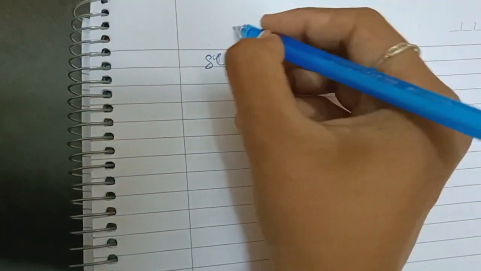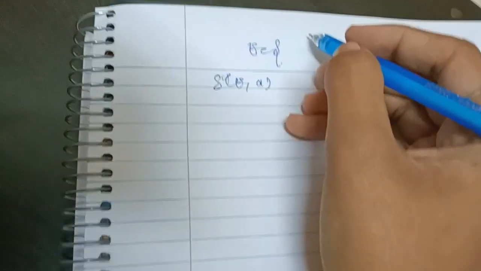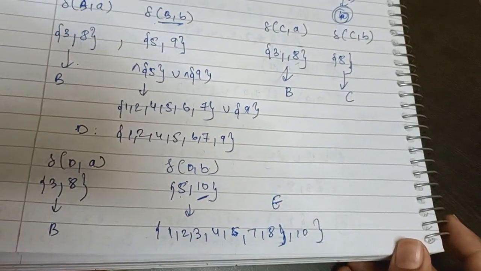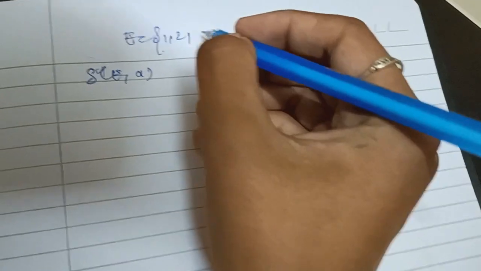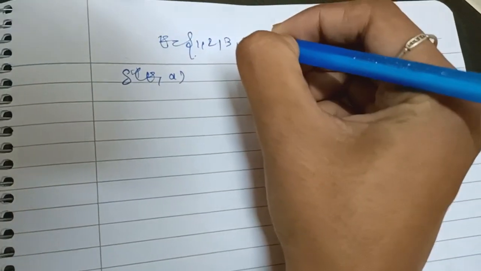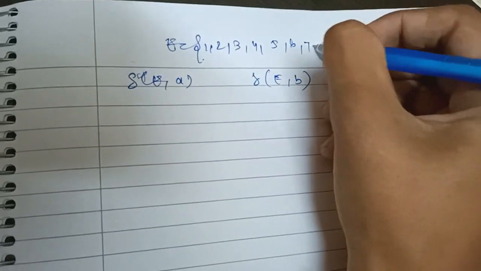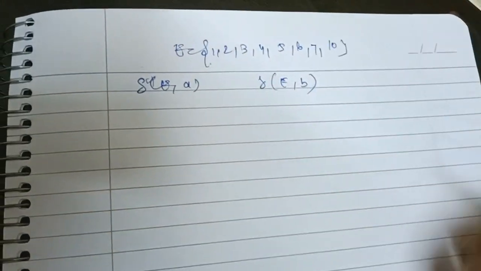What was my E? E was my 1 2 3 4, okay, 1 2 3 4 5 6 7 and 10.